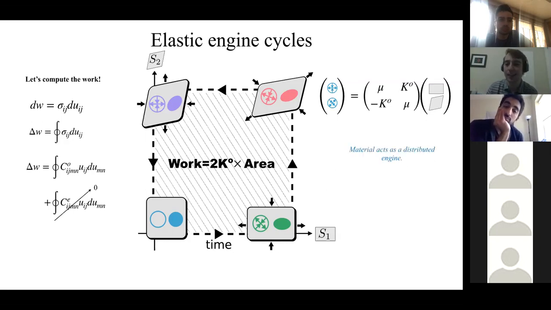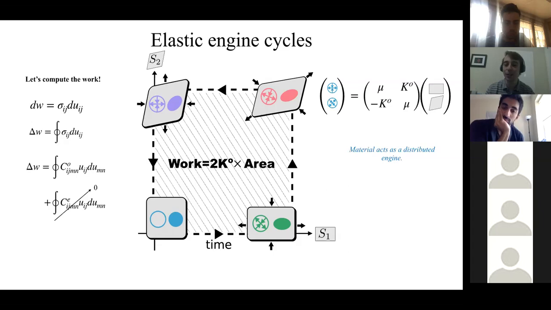So this implies that the material is acting like a distributed engine. I can take a little differential of my material, force it through a strain-controlled cycle, and that cycle will extract energy. That tells me that to have these moduli, there must be a microscopic source of energy.